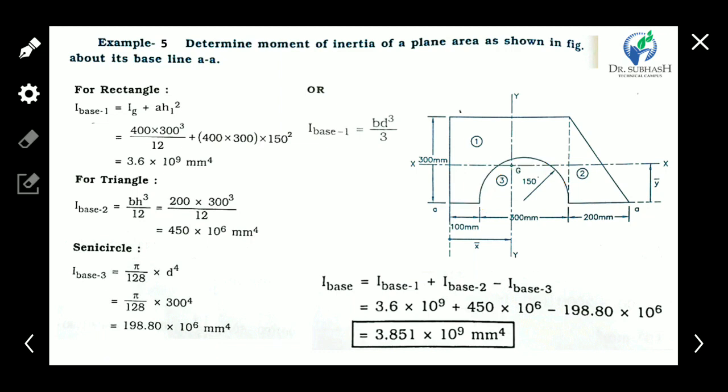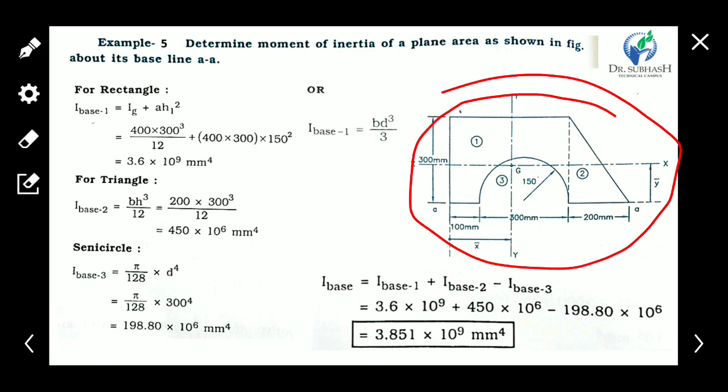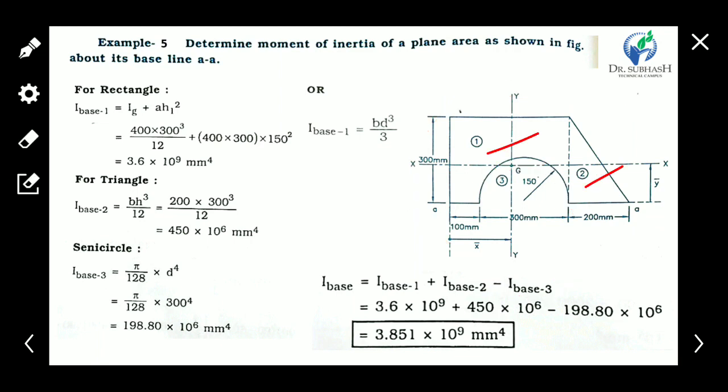Now we have to find out the moment of inertia of the total area. So what we have to do is take the summation of all the elements' moment of inertia and subtract the semicircle moment of inertia. So the moment of inertia of the semicircle is subtracted, and the other two elements' moments of inertia are summed.